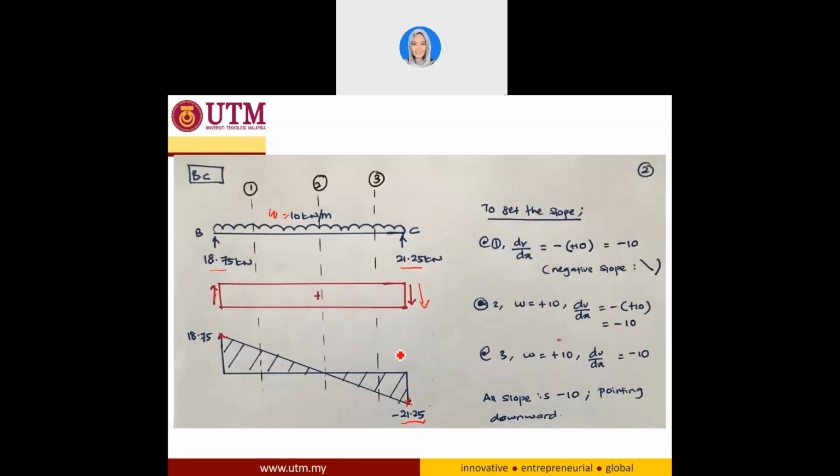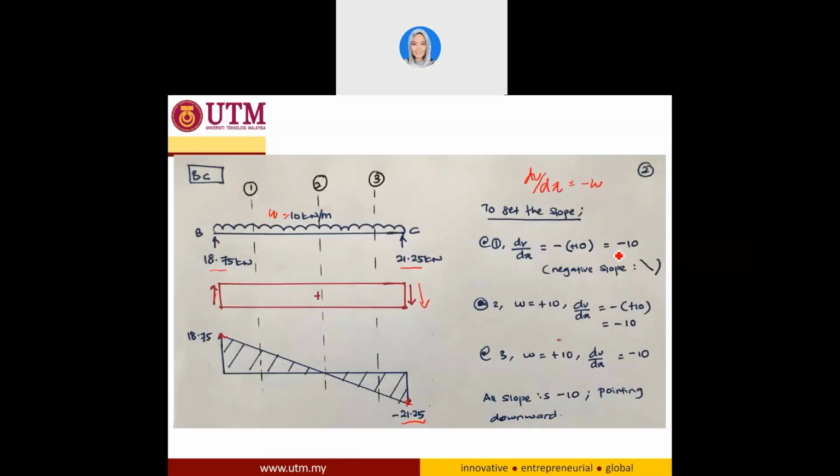Again, you can look into the dV over dx. Right now, if I cut my beam at three locations, I have location 1, location 2, and location 3. At location 1, our equation is dV over dx equal to negative W. Our W is a positive 10 kilonewton per meter, so you have negative 10.